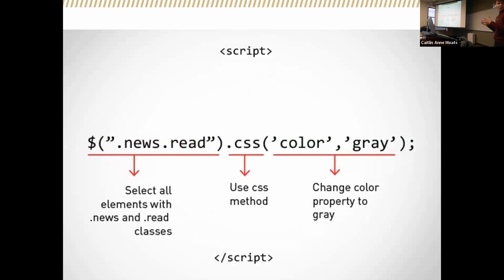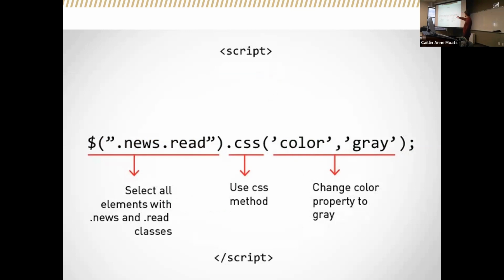So this is something more practical. This is how you would use it. For example, you want all of the objects or all of the tags that have the classes news and read to have the color gray, and not with CSS, but as a visual change.